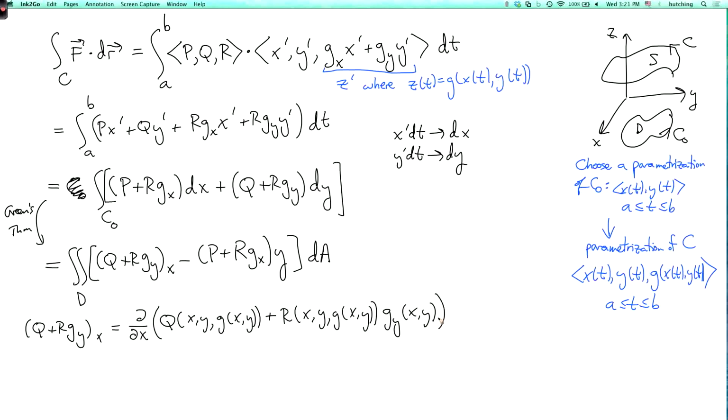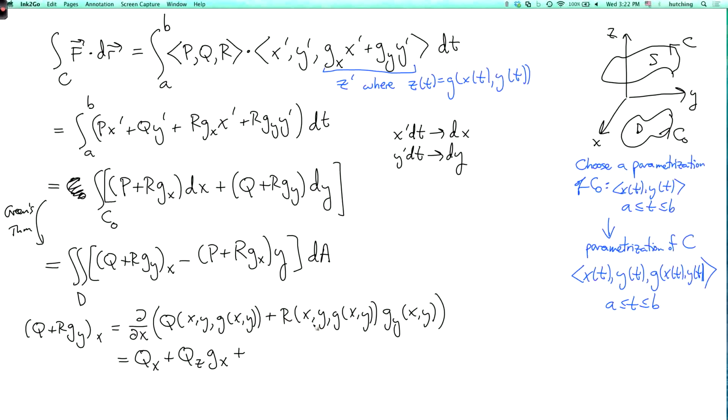Now I have to differentiate this with respect to x using the chain rule. So differentiating q here, I get the derivative of q with respect to x times the derivative of x with respect to x, which is 1, plus q_y times dy/dx, which is 0. And then I get the derivative of q with respect to z times the derivative of g with respect to x. So I get q_z g_x. Okay, so that took care of this part.